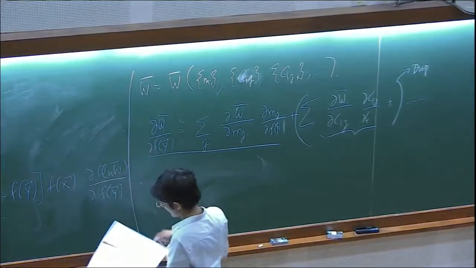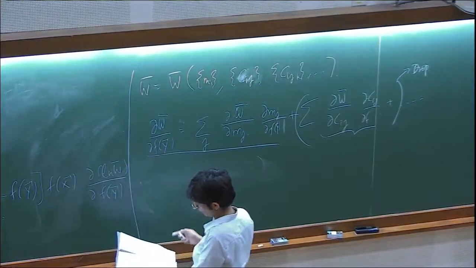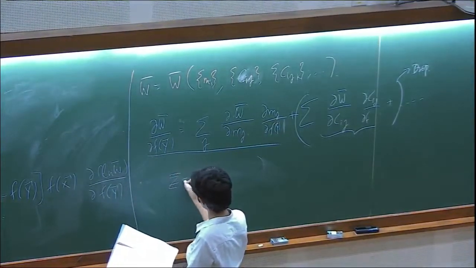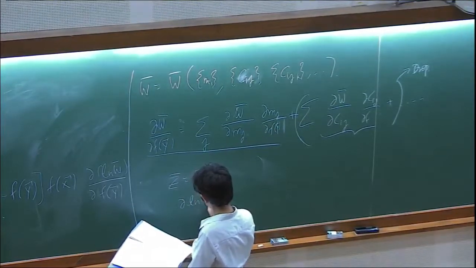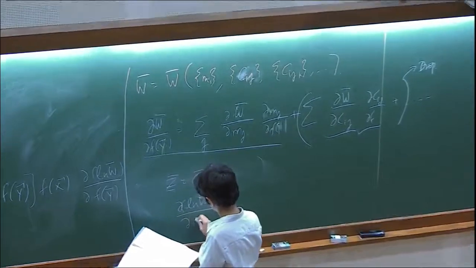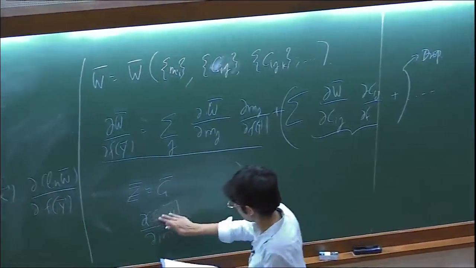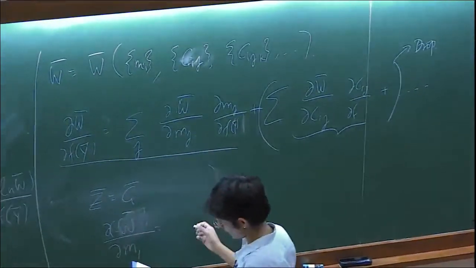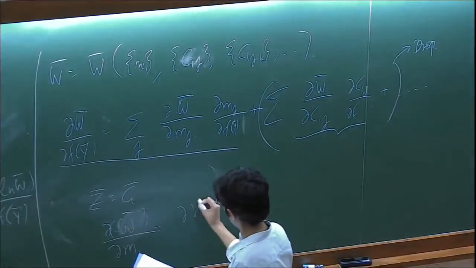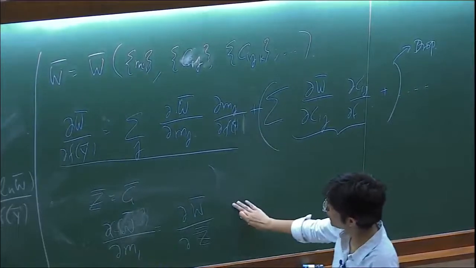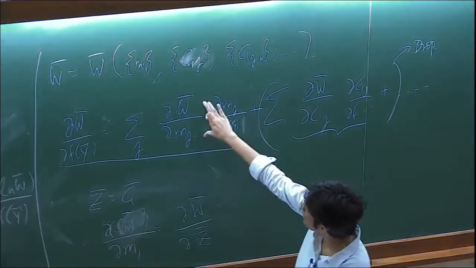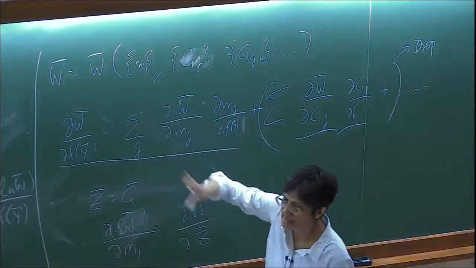So I need to use this guy, and I am also using, because Z bar is equal to G bar, therefore this is equal to... I'm going to use this guy and this one. This will allow me to take this term outside the summation.